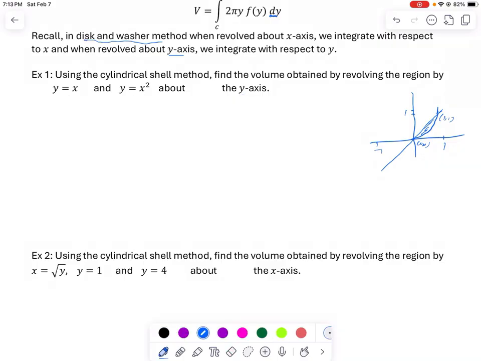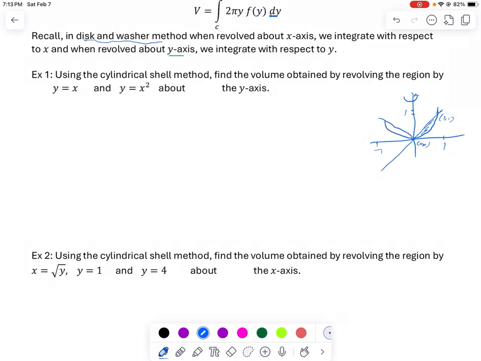So if we revolve about the y-axis, I will get a shape like that here, right?